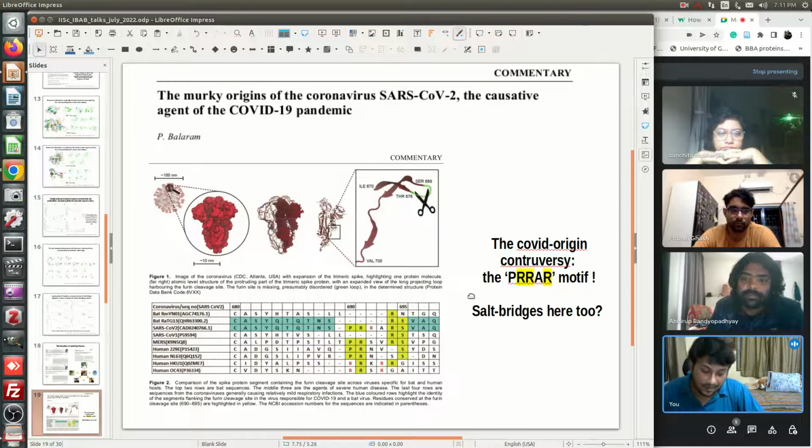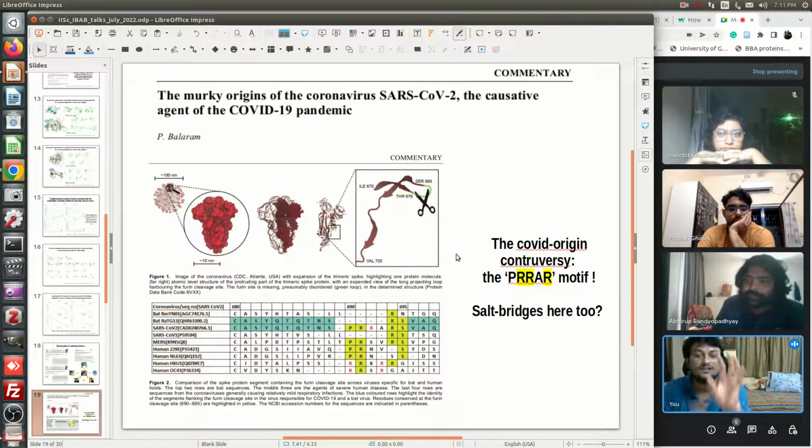Now let me mention categorically that this is a non-essential step for the viral invasion, but if this step is executed, then the viral transmissibility is enhanced enormously, because the RBD, the receptor binding domain, is getting dislodged from the rest of the spike structure, and obviously this helps the kinetics of the transmission dynamics of the protein.